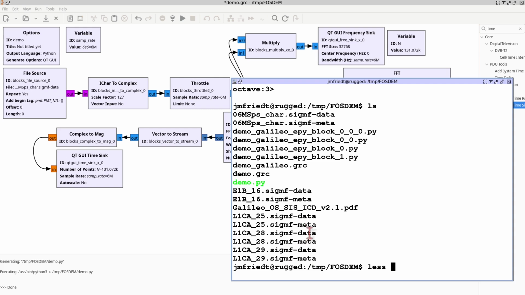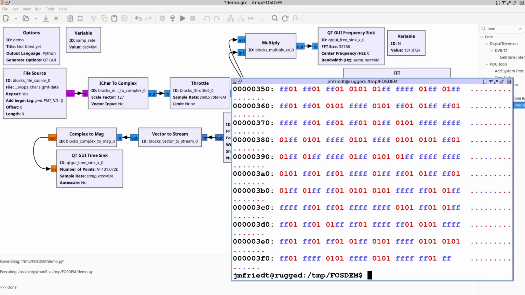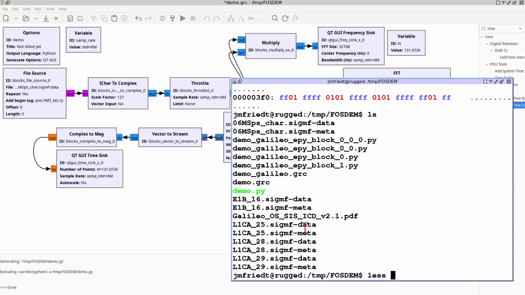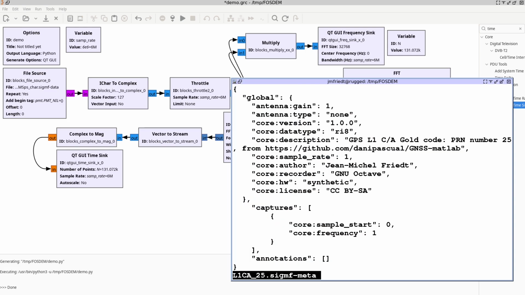So these are the data files. If we have a quick look, we can see that the data files are indeed -1 or +1 values. We already made sure that we had a mean value of 0, and the content of these files are real 8-bit integers. So now it's not complex, it's a real 8-bit integer.